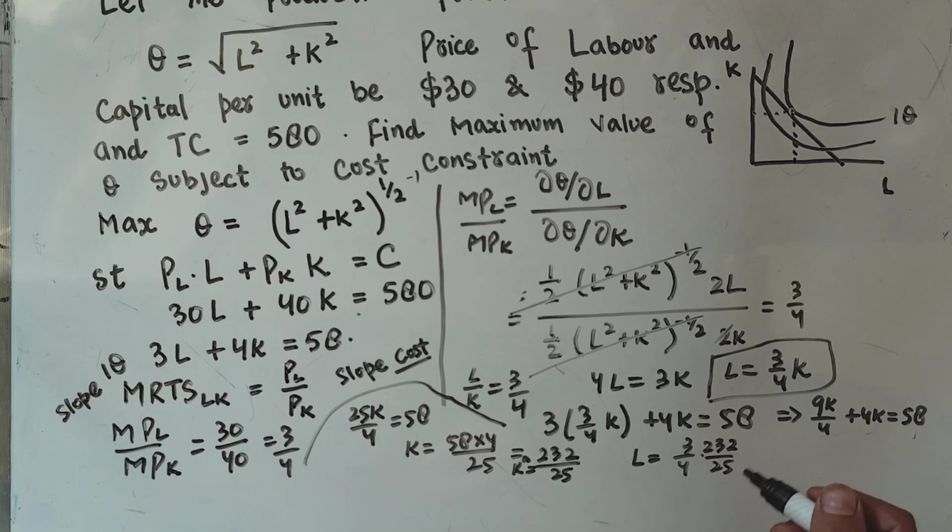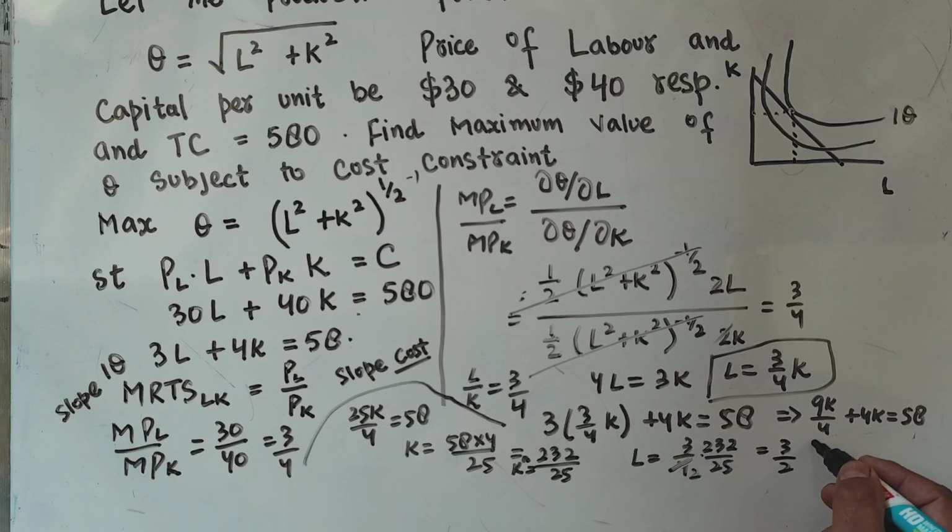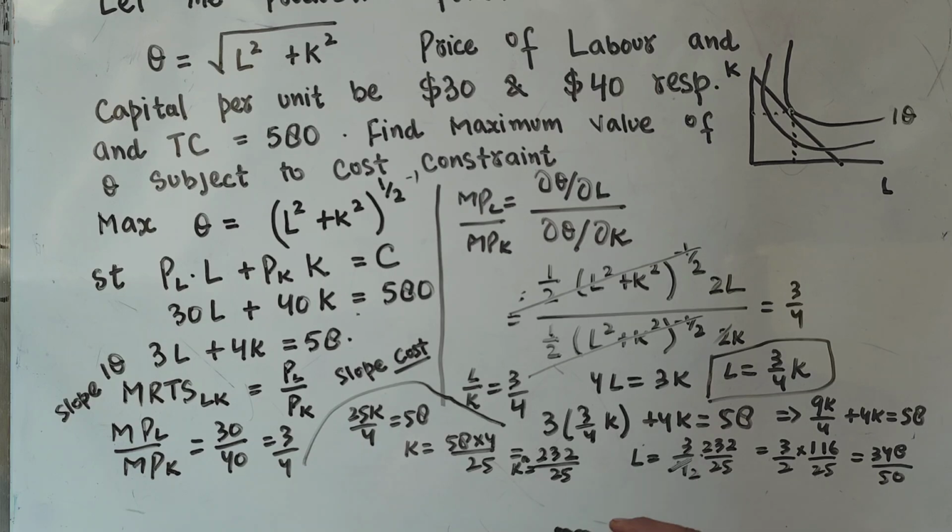Let me do some cancellation here. 2 2s are 4, so we will get 3 upon 2, and 2 1s are 2, 2 6s are 12 divided by 25, which is equal to 3 6s are 18, 3 1s are 3, so 348 divided by 50. I hope I have done it correctly. So this is the units of labor employed.